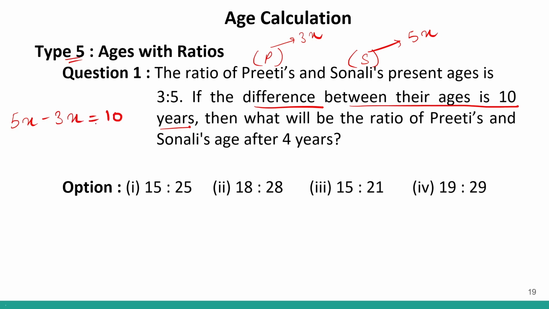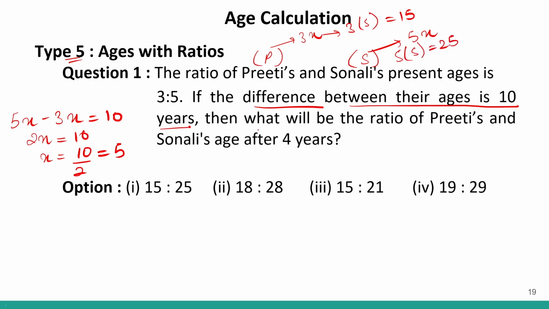This is given in the question, right? So I can say 2x will be equal to 10. So x will be equal to 10 by 2, which is 5 years. If this is 5, the present age of Preeti will be 3 into 5, which is 15 years. Similarly, the present age of Sonali will be 5 into 5, which is 25 years.